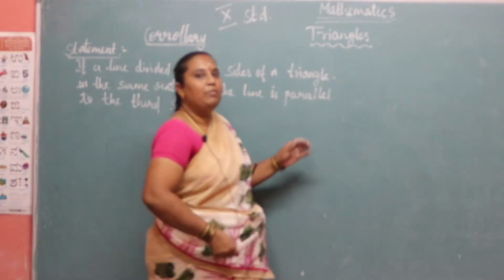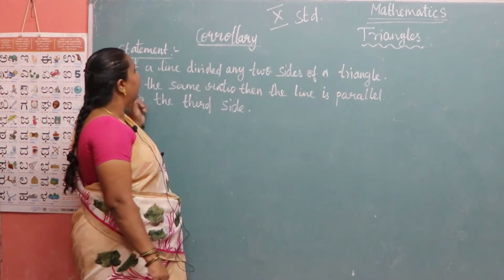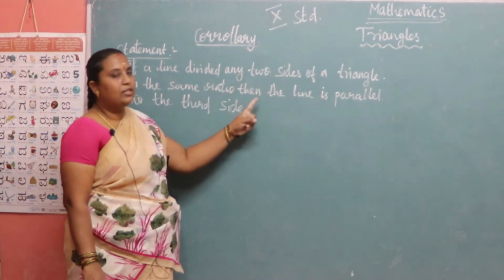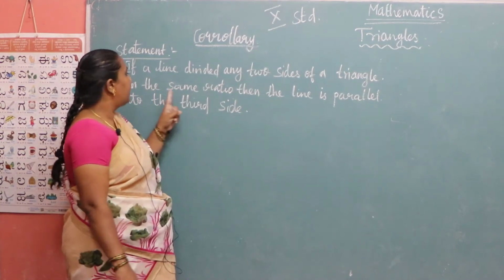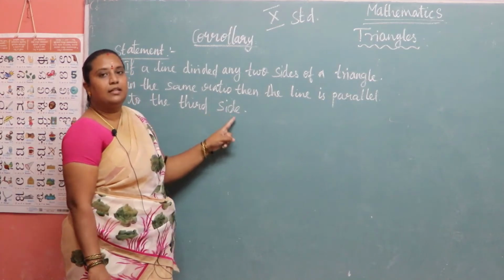Okay, so what is the statement here? Corollary of BPT theorem: if a line divided any 2 sides of a triangle in the same ratio, then the line is parallel to the third side.